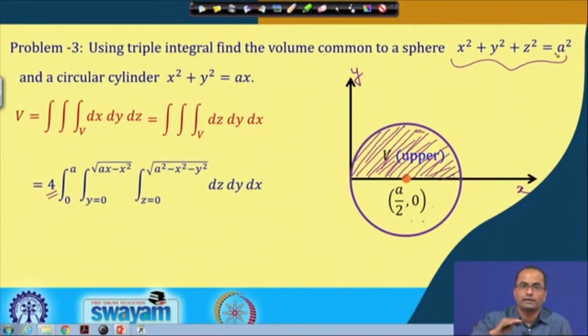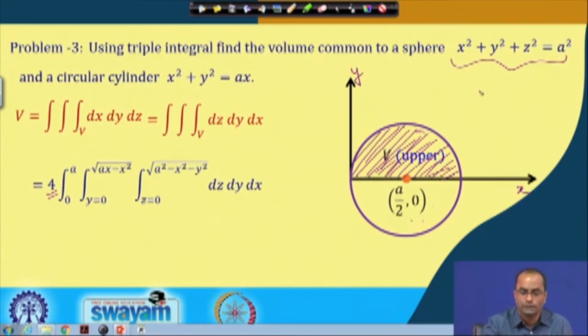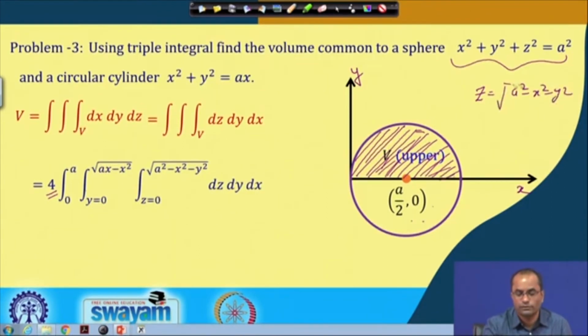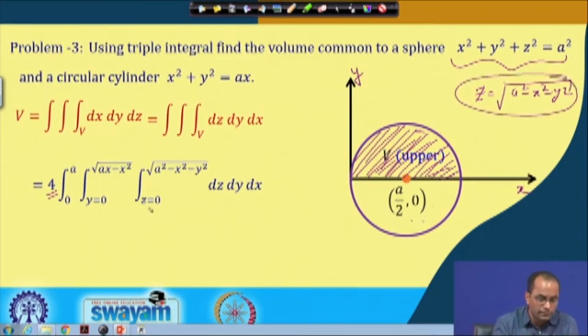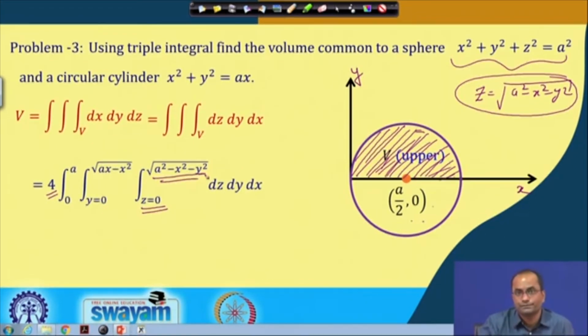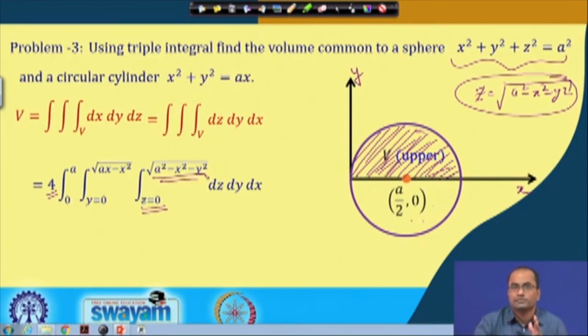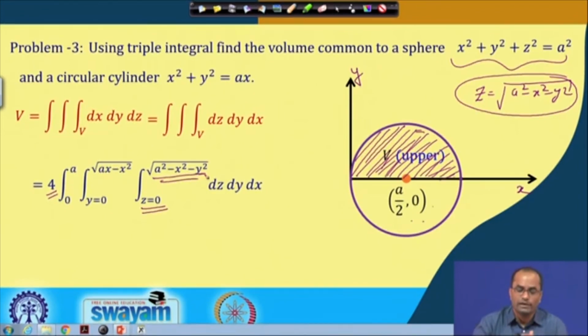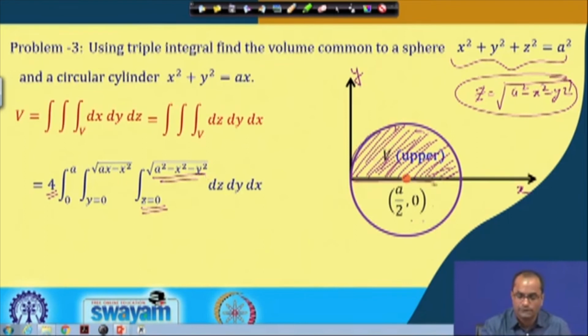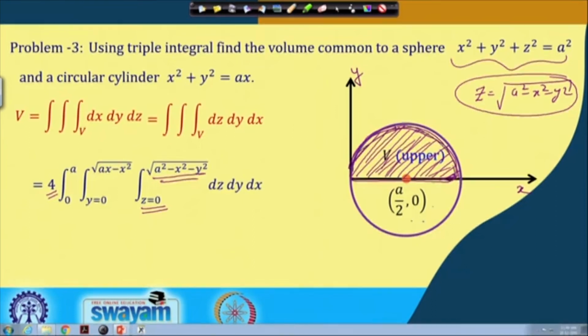So, we are exiting the domain through this sphere, where the equation is a square minus x square minus y square for this z in the upper half portion. So, the limits for the z are clear now, from 0 to that sphere, because we are leaving that domain through the sphere. And now this z direction is done, and we can now project this to this xy plane, and this is precisely the projection here. So, we have to now do the limits over this circular disc.